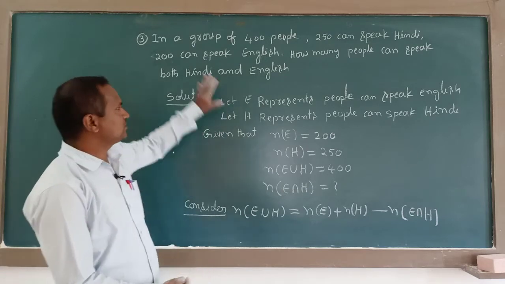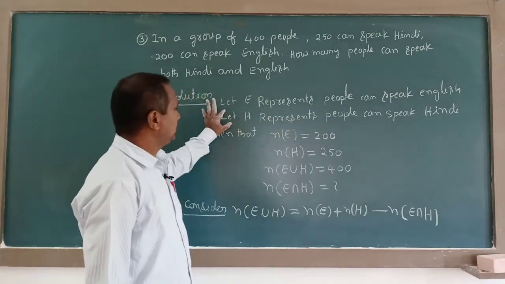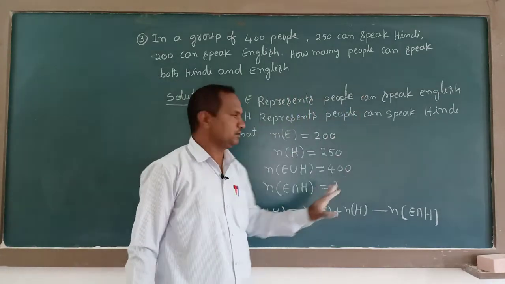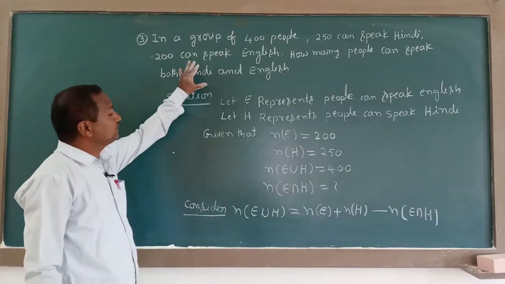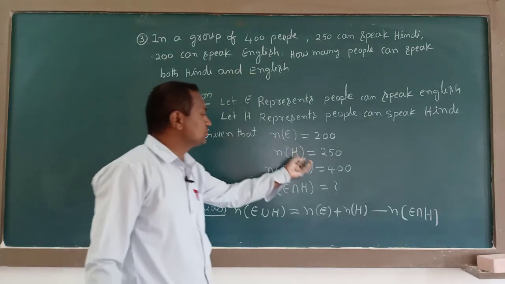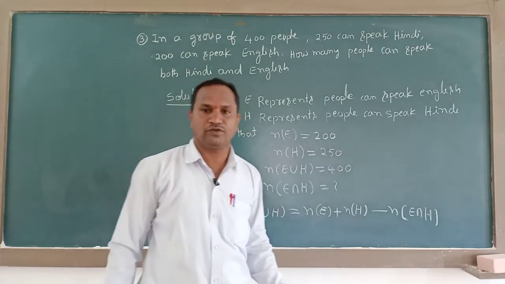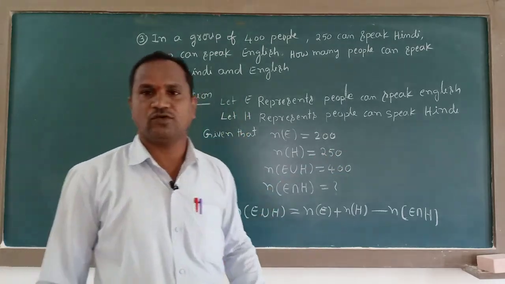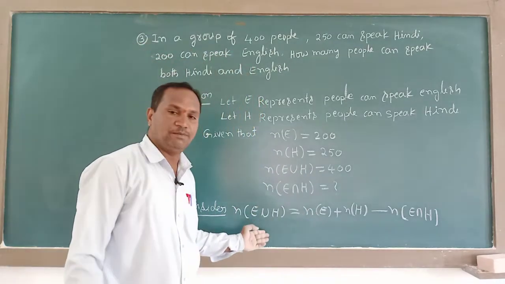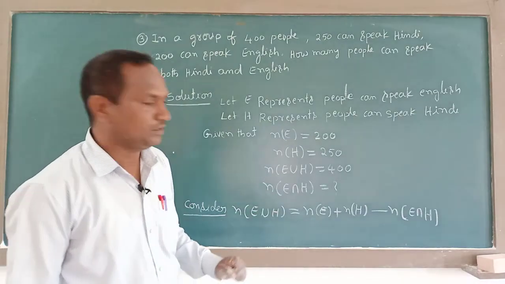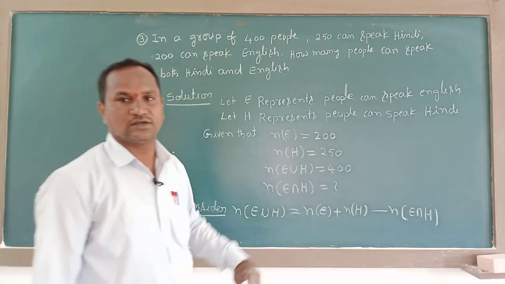In the question, E represents people who can speak English, H represents people who can speak Hindi. Given that, with the help of those two letters, we are listing those numbers: n of E is 200, n of H is 250, n of E union H is 400. But what about the common part they are asking? So for that I applied the union formula. Now with the help of this formula, we are giving the answer for this question.